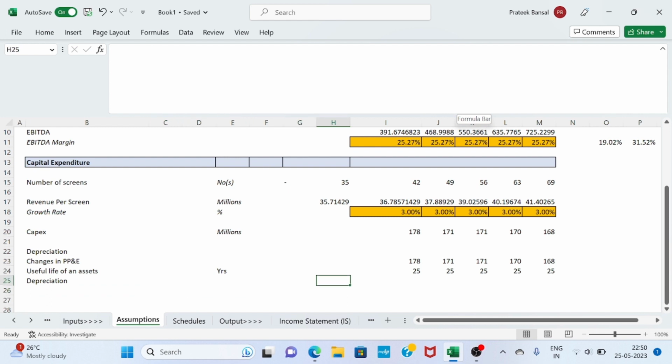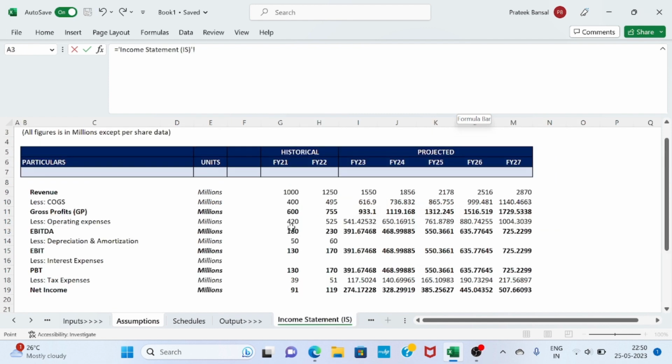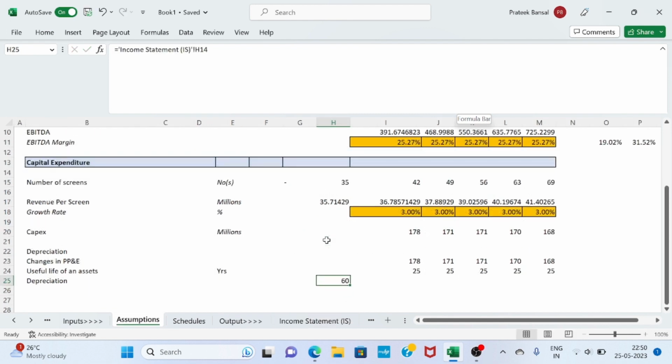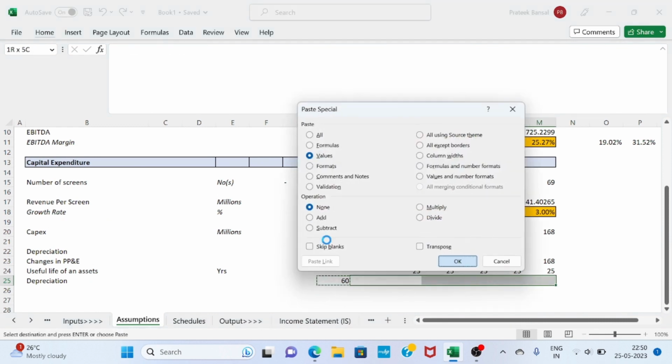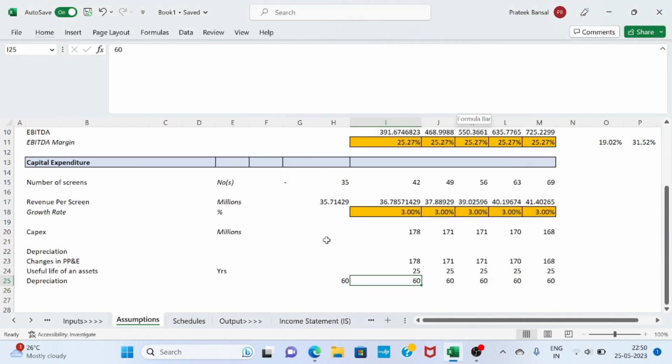All right, now we need to calculate the depreciation. First of all we have the depreciation of 60, or I can directly link it from here. We have a depreciation of 60, and it will remain the same in the future years as well, because this depreciation is on the 35 screens, right?